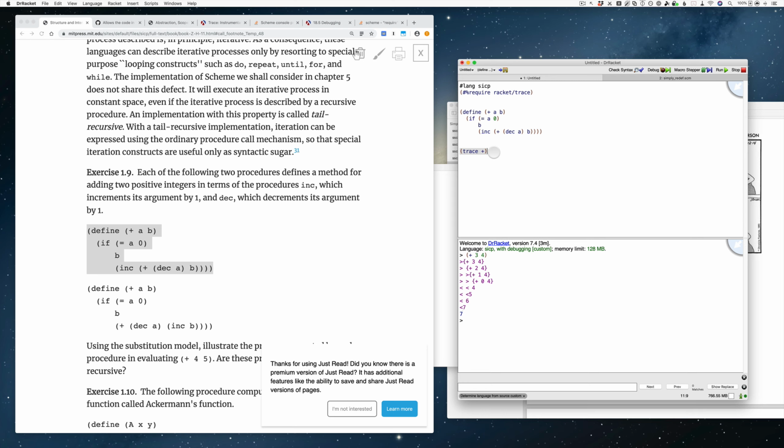And eventually we do that, and we wind up with a case where A is 0 and B is 7.